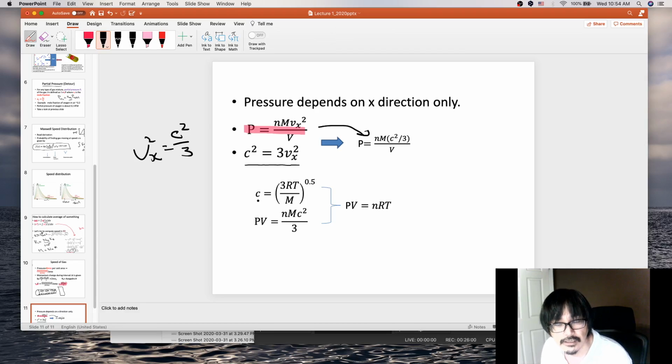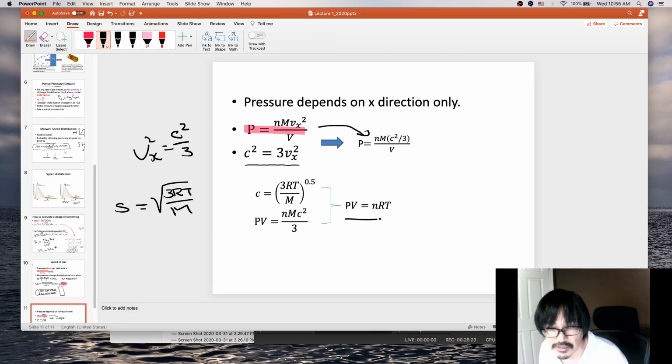And now the average speed in three-dimensional space was given by this formula, right? That's 3RT over m. That was the speed, right? And then put that into here, then what do we get? You actually get PV equals nRT. So we have derived the ideal gas law.